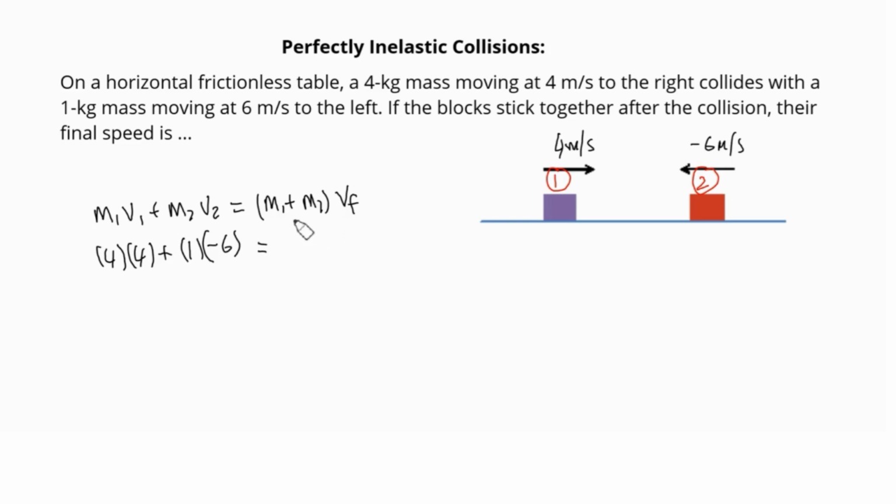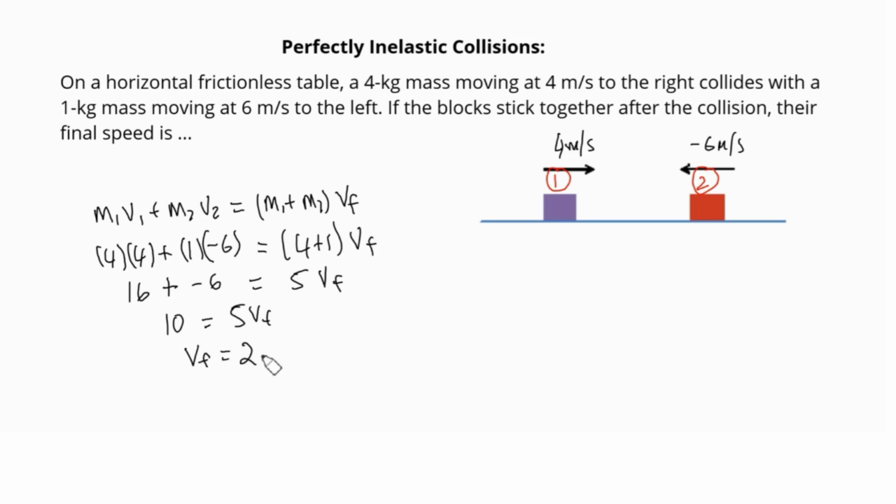And that's going to equal m1 plus m2, which is 4 plus 1, times vf. So that's 16 plus a negative 6 is equal to 5 vf. That would be 10 is equal to 5 vf, or vf is equal to 2 meters per second.